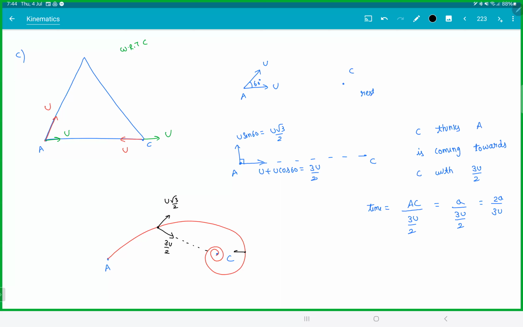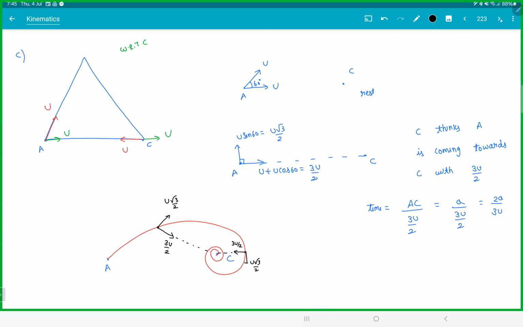So when you're here, this will be 3U by 2. And this will be U root 3 by 2. So the 3U by 2 is making you get closer and closer, but the U root 3 by 2 is making you rotate at the same time. What you'll get is a spiral like this. As it gets closer, it starts rotating more and more.